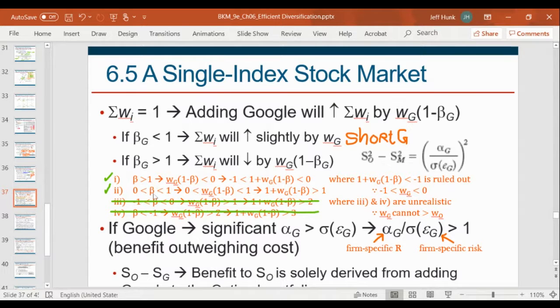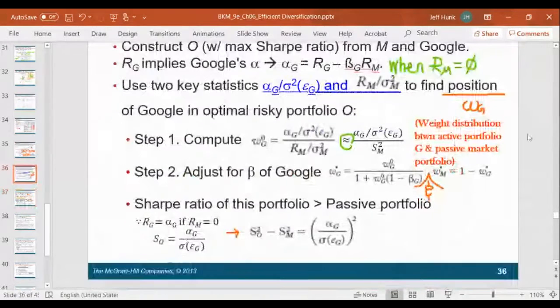So if beta is between 0 and 1, I already explained that. The beta adjusted weight of Google will be between 0 and 1, and 1 plus the beta adjusted weight of Google will be greater than 1, and the whole fraction, we bring it back to this, right?